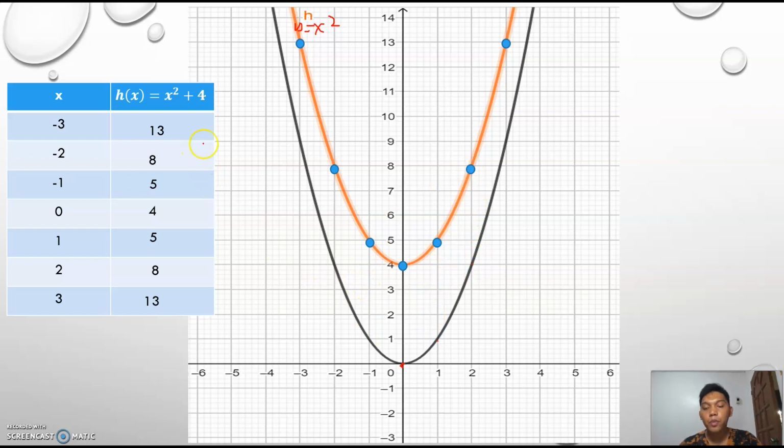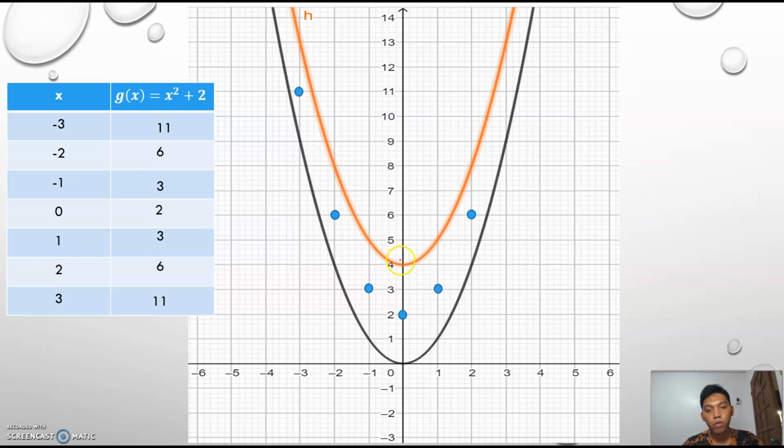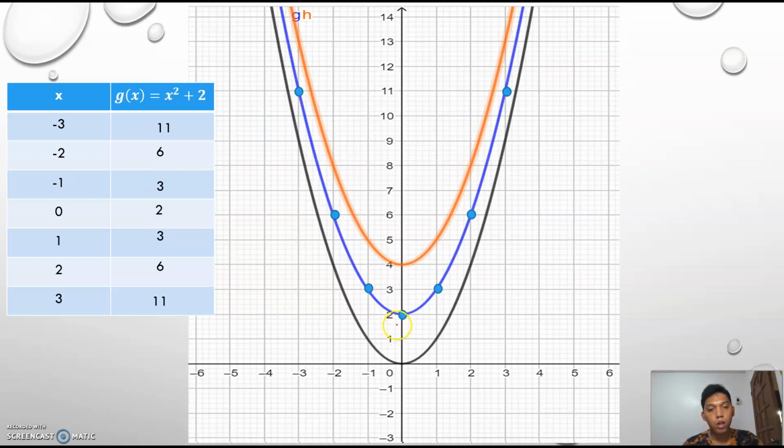Meaning to say that k is the movement of the values of the graph along the y-axis. For example, if we have k as 2, since it's positive, you're going up. 1, 2, same with this 1, 2, 1, 2.